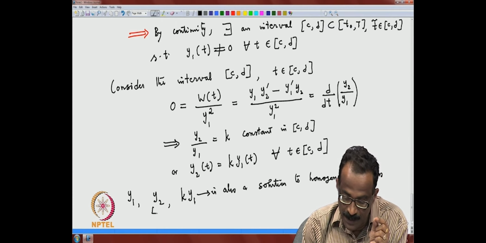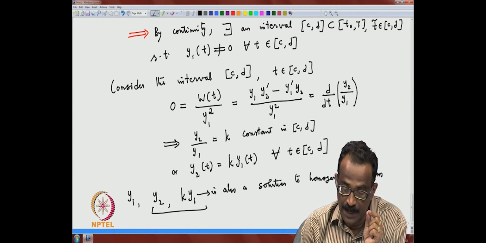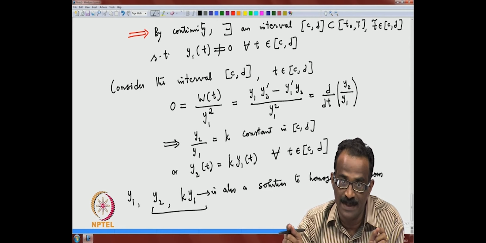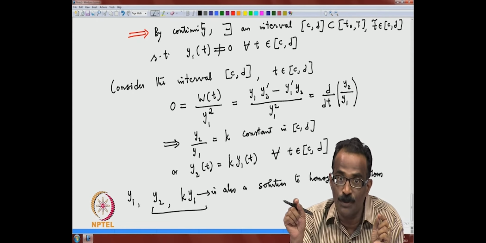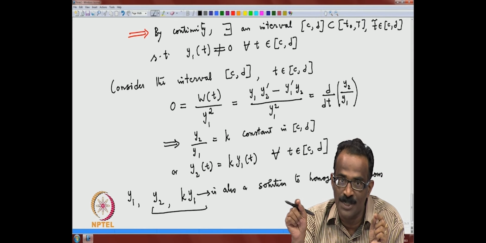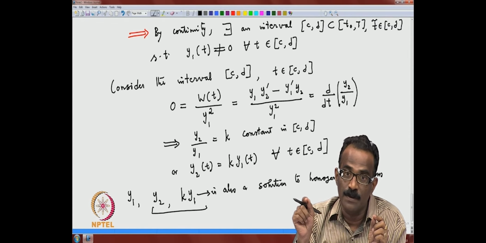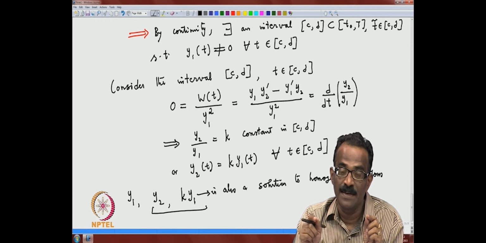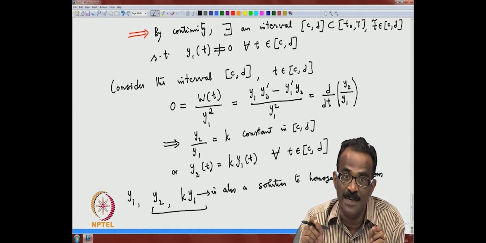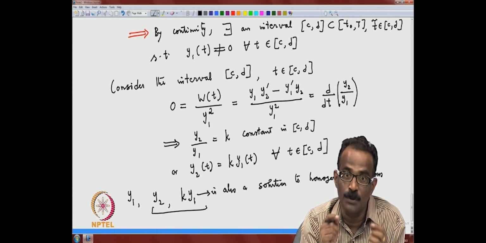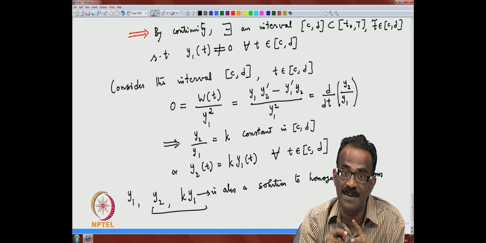You take these two things, this is a very subtle argument. k y1 is a solution to your homogeneous problem in t naught to t, y2 is also a solution to your homogeneous problem in t naught to t, but y2 and k y1 coincide in CD. Since they coincide in CD, their derivatives will also coincide in CD. So, you have two solutions to your homogeneous problem with the same initial data.